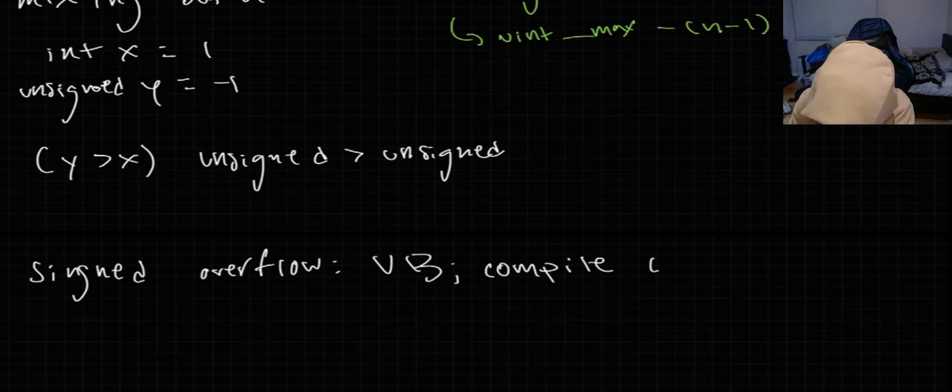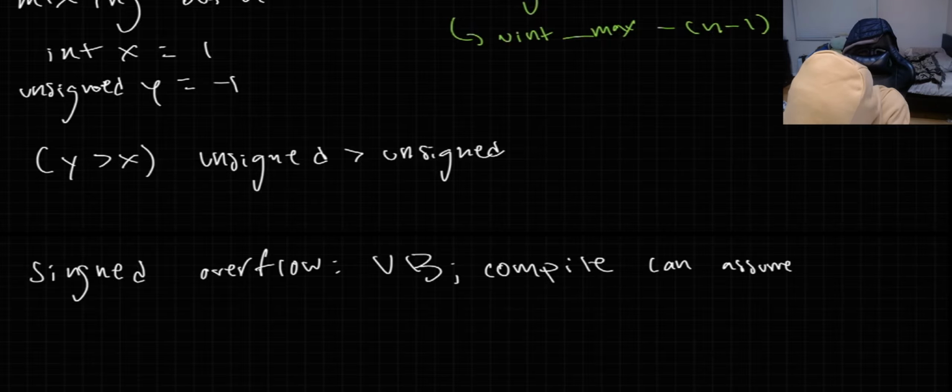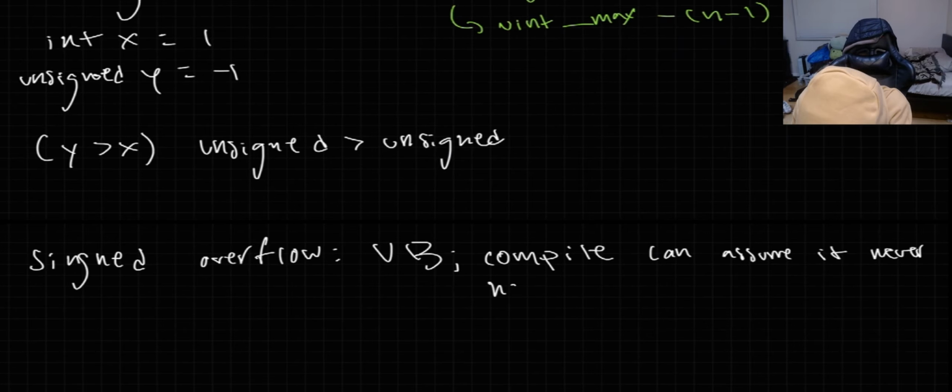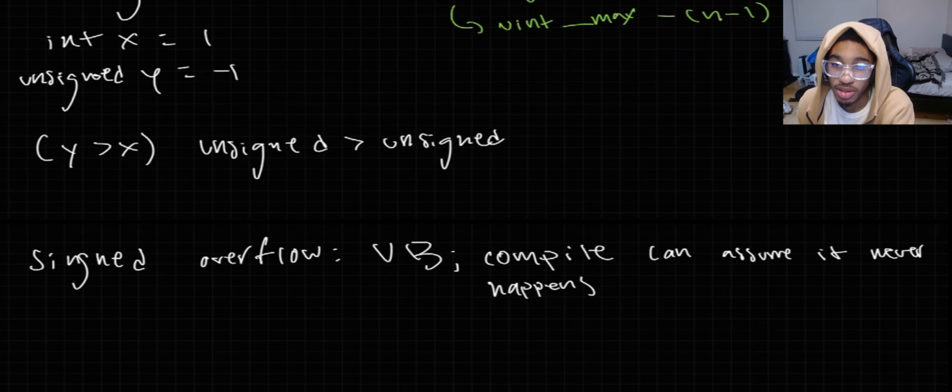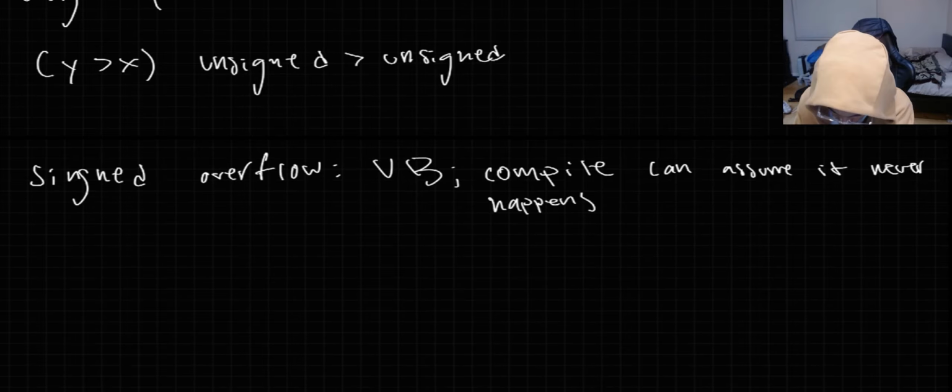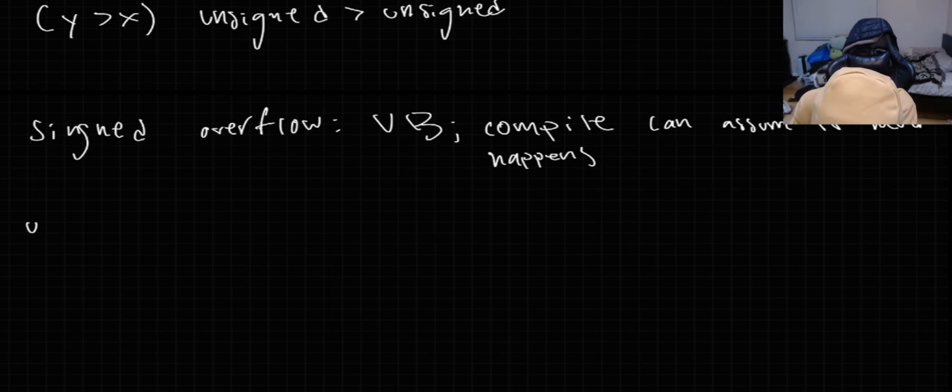So we just define that as undefined. And so we can assume it never happens. And that's basically what undefined behavior means. The compiler is safe to assume that it's never going to happen, and if it does, well, we'll just see what happens.